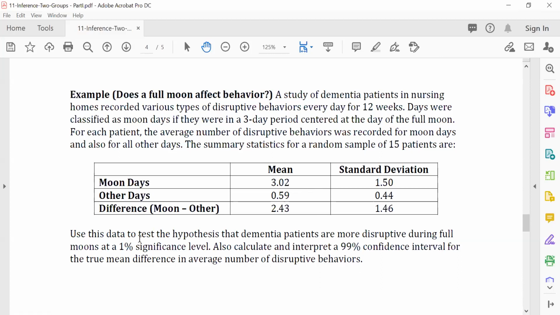And we are also going to conduct a hypothesis test that the dementia patients are more disruptive during full moon at 1% significance level. So there are two things this example is going to do. One is to do the hypothesis test, the other is going to do the confidence interval. So we are going to see the solution in our next video.